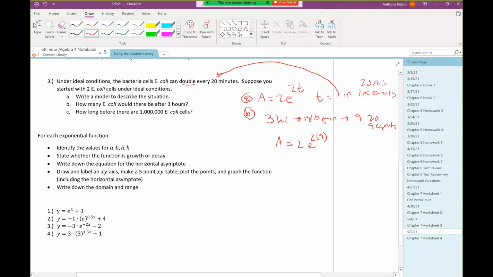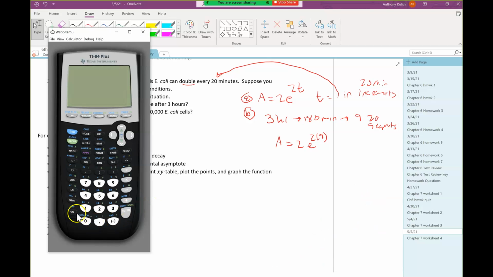So I'm going to do 2 times e to the 2 times 9. So that's this big number.